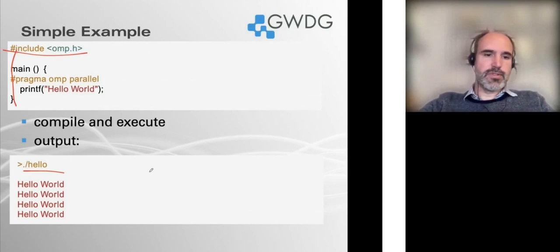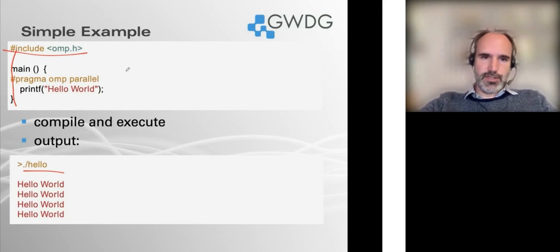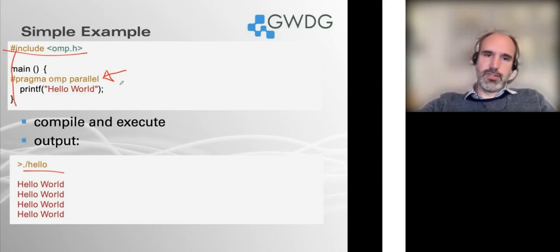Why more or less? Because in this output, I would assume that I used 4 threads. That means in the pragma omp parallel section here, a dedicated number of threads are created, given either by a function before, which does not exist here, or by the environment variable, which you don't see here, or it will use any system defaults.